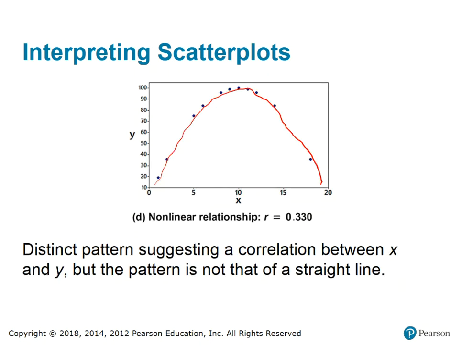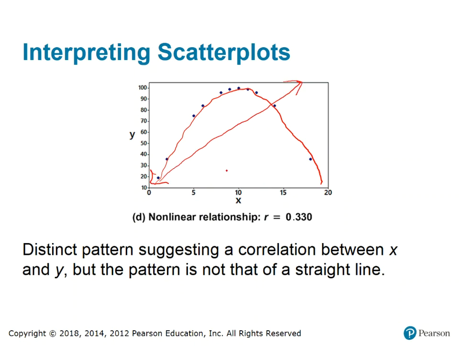Then on the last one, when it tells me I have an R number of 0.330, that is really not helpful because R values are strictly used to measure linearity, and this is not linear. So what it's telling us is, if I were to try and draw a straight line, what relationship that would be.